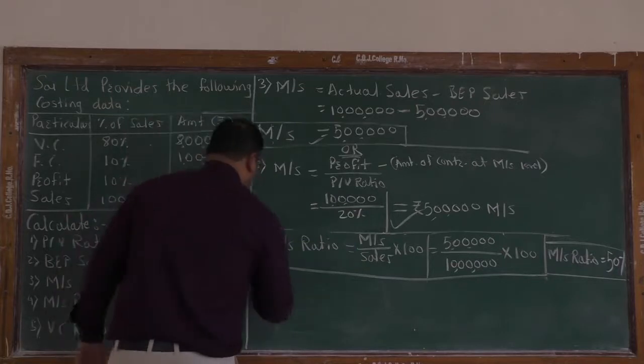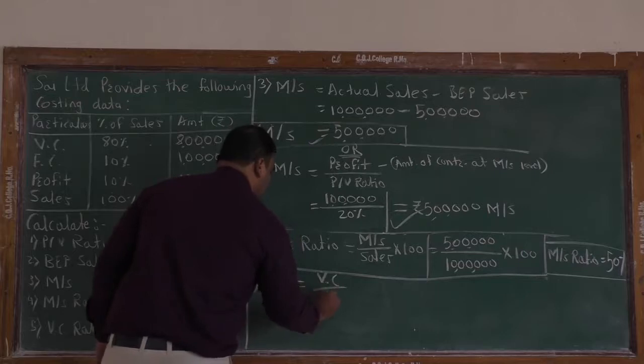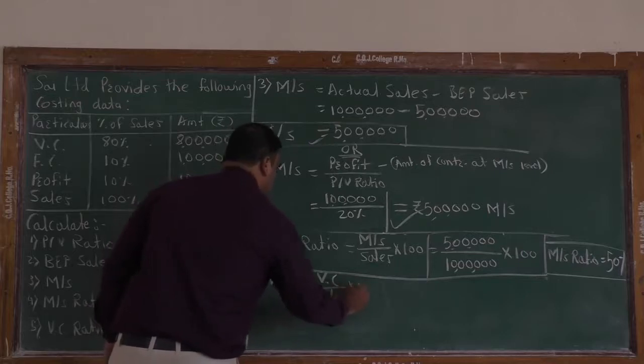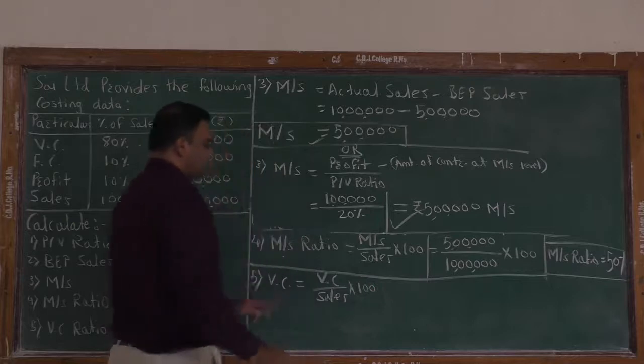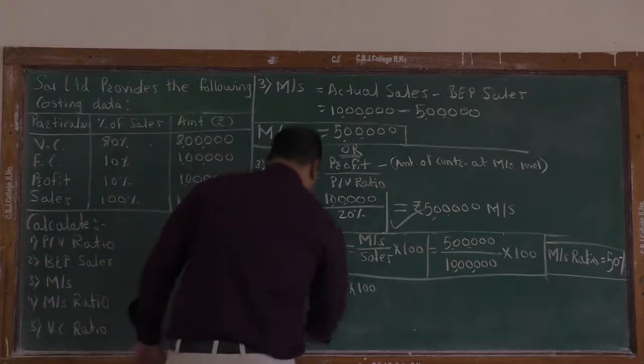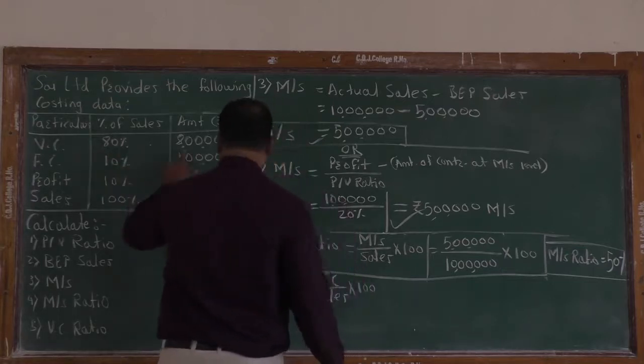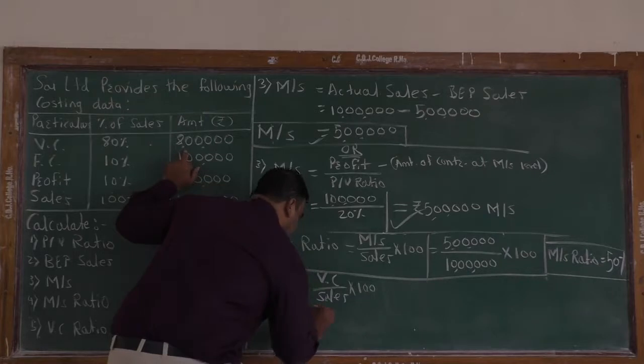So variable cost ratio is equal to the ratio of variable cost to sales into 100. It tells us the percentage of variable cost to sales. So the amount of variable cost which is already given is rupees 8 lakh.